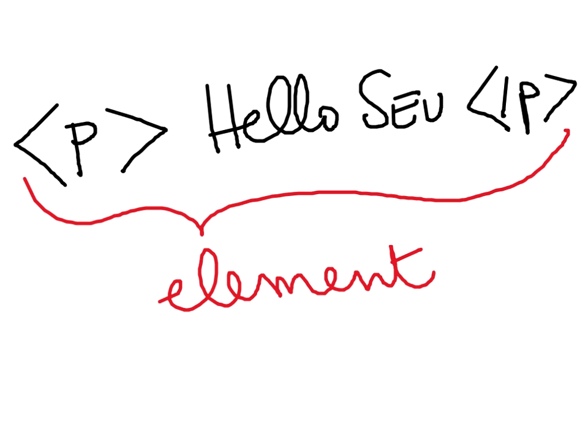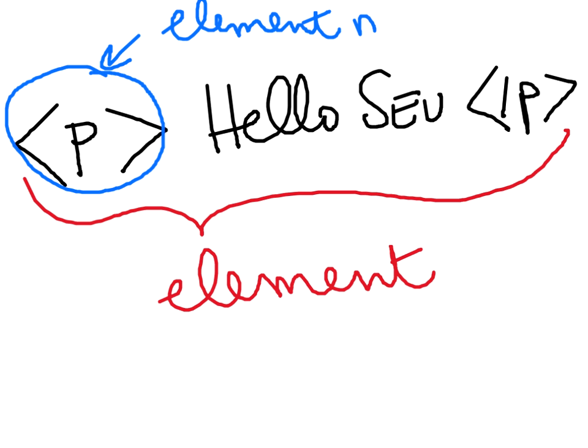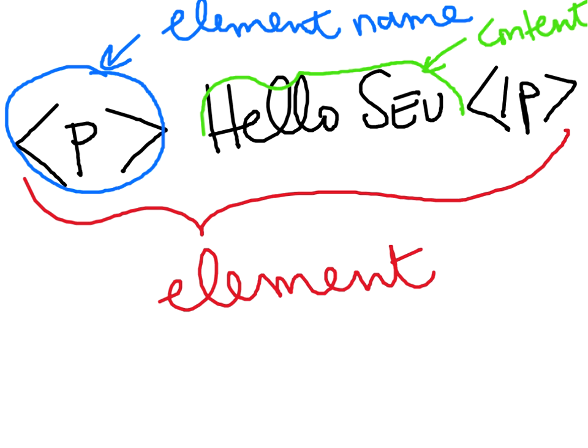And this one is the element name, and this part represents the content. Is the meaning of element name and content clear for you?